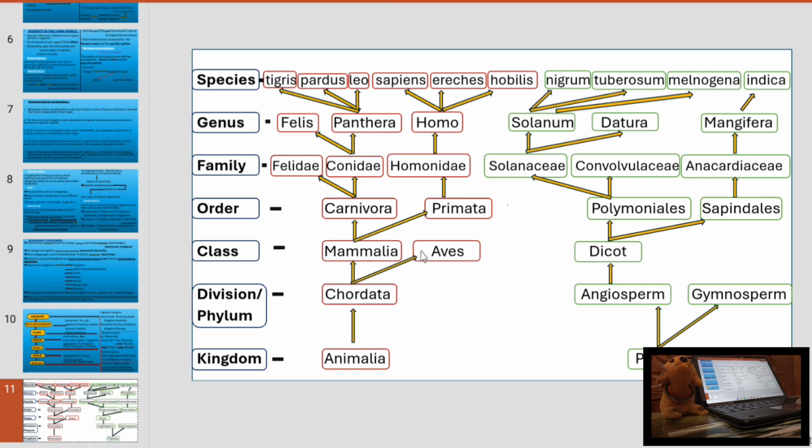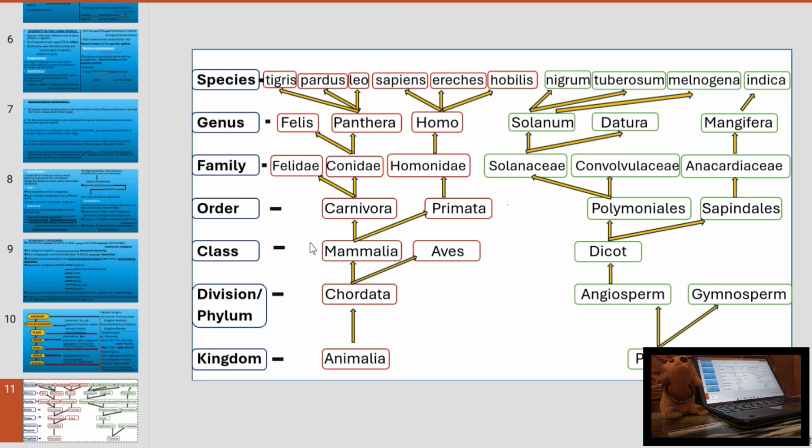If you clump up all the things, it will be difficult for you to remember. So I just provided here what is given as examples in this topic. And from division Angiosperm, the class given is dicot.